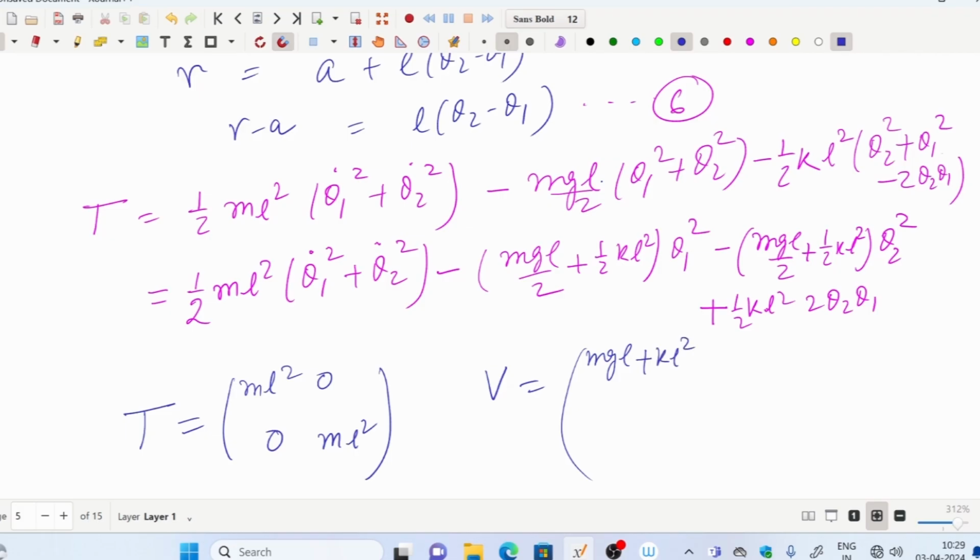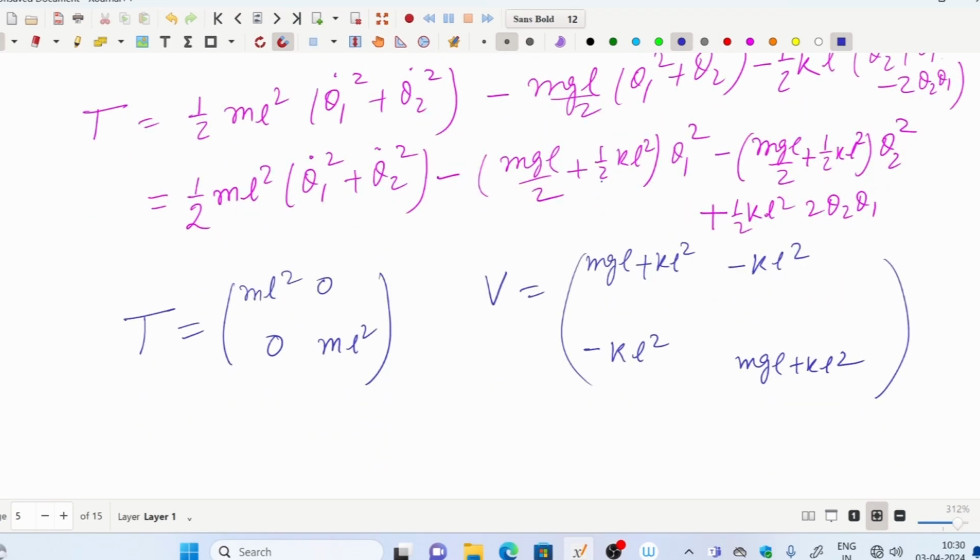So mgl plus kl square will be this term. So m L square times g by l plus k by m, I think that is correct. And theta 2 is also the same: mgl plus kl square. And theta 1 theta 2 we have to write symmetrically. So in one place it will be minus kl square, because this has a plus sign, and in the other place also minus kl square.